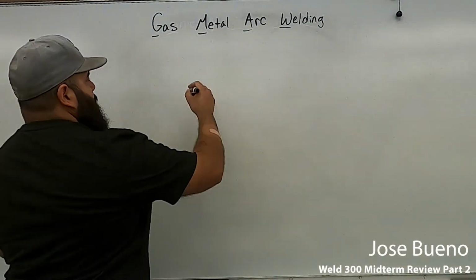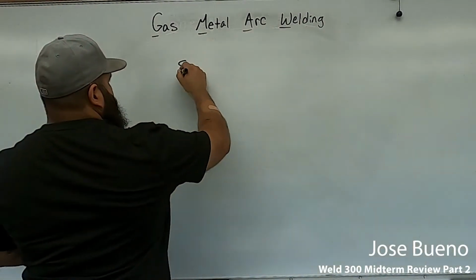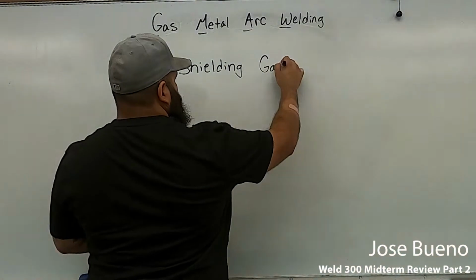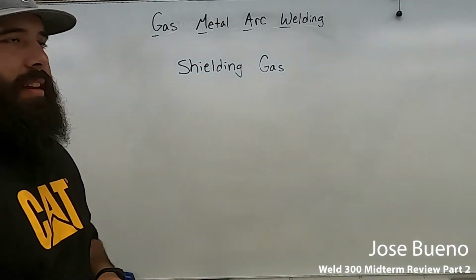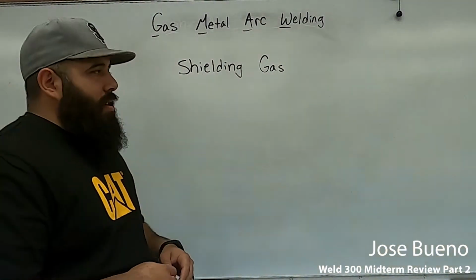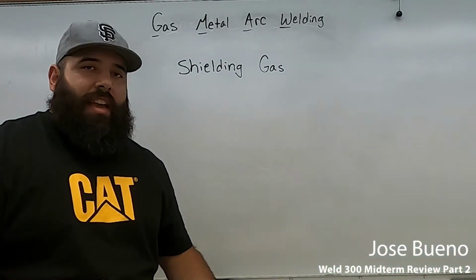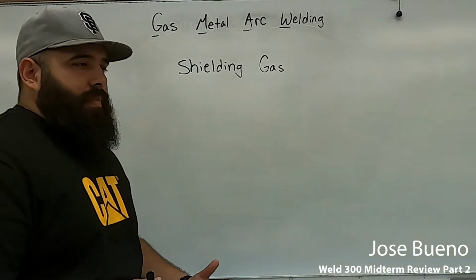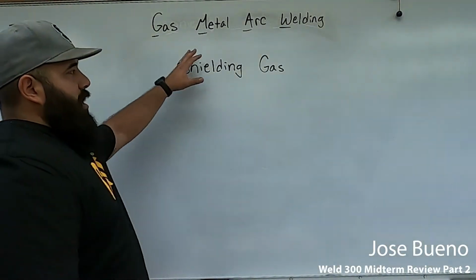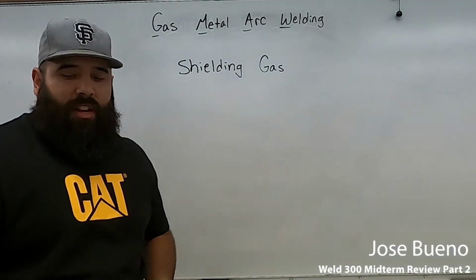All right, so next up, let's talk about shielding gas. Rewinding back to SMAW really quick. The flux coating on the electrodes provides the shielding gas as it burns off. Now the electrodes that we use with GMAW do not have a flux coating.